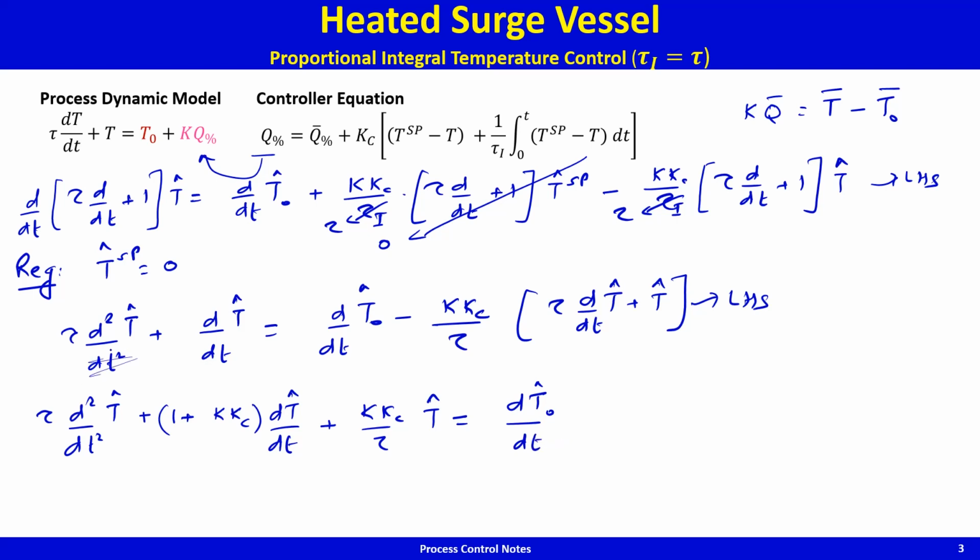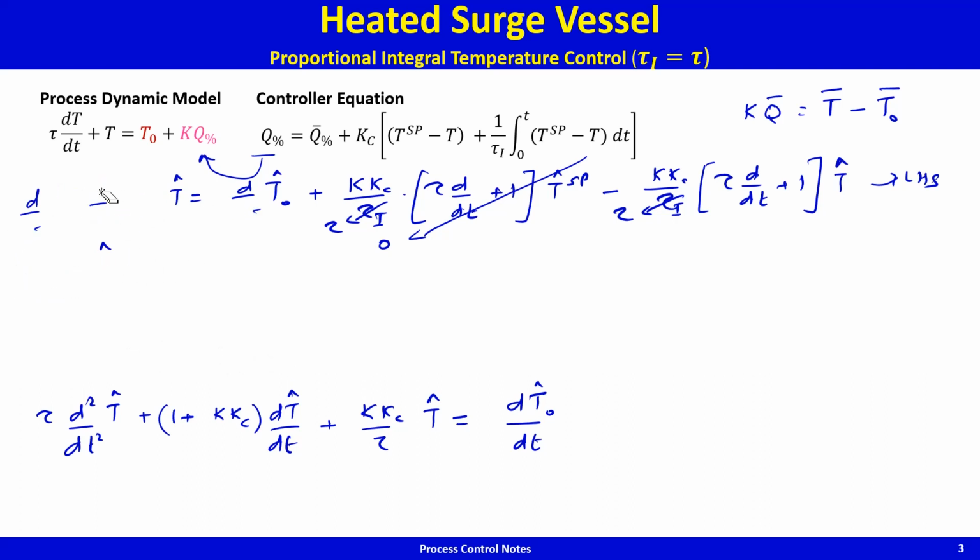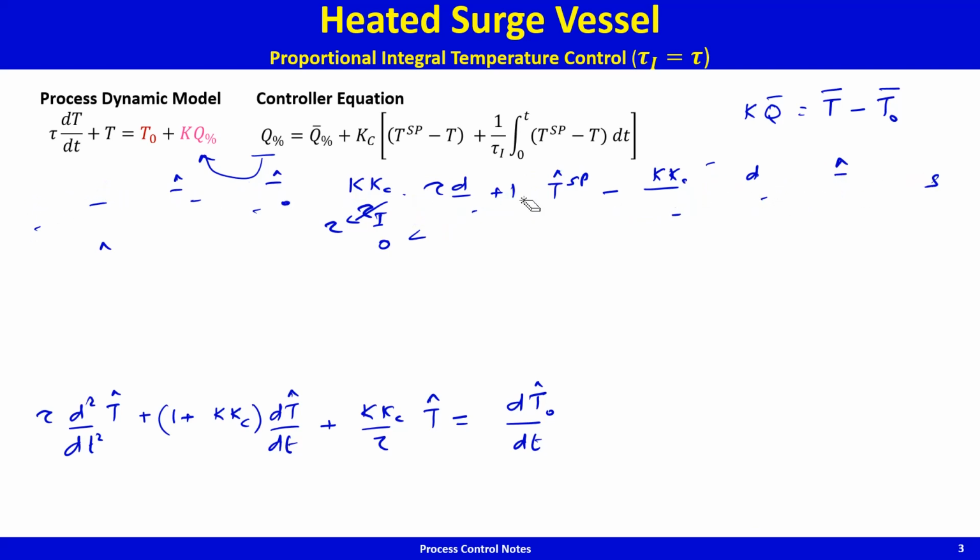Now in order to solve this equation, let's first put it in standard form. Standard form, what you do is you make the coefficient of the t term 1. In order to do so, you multiply both sides of the equation by tau by kkc. If you do that and do some of the algebra, which I'll do right now, you'll get an equation with which to work.